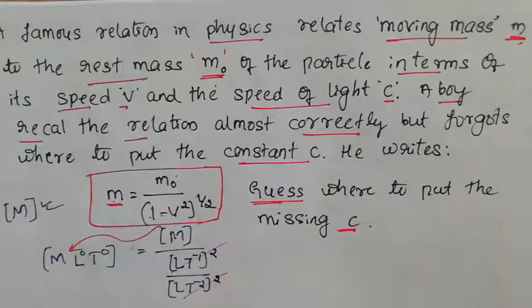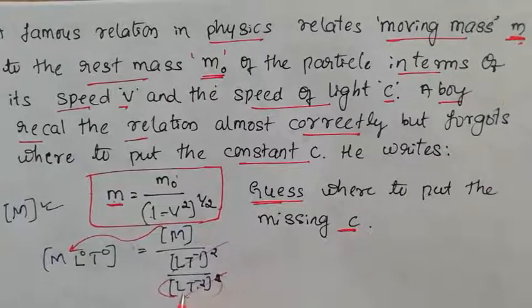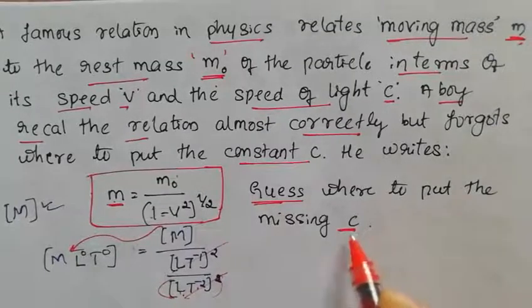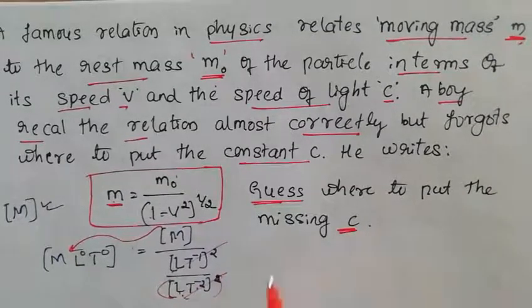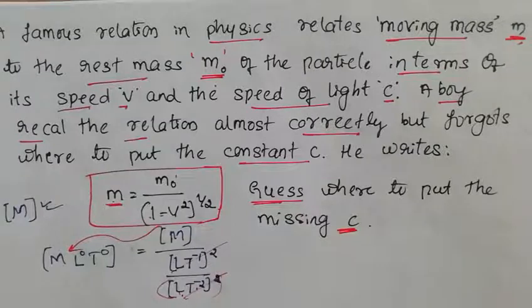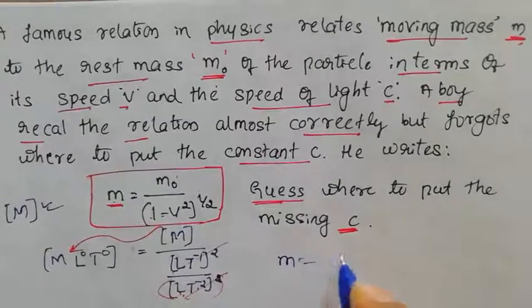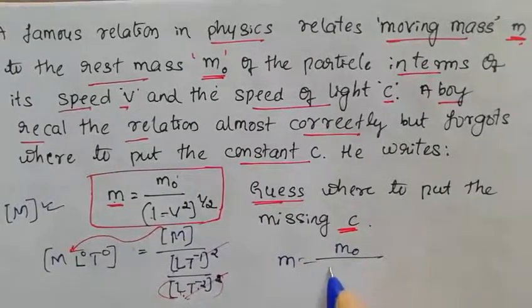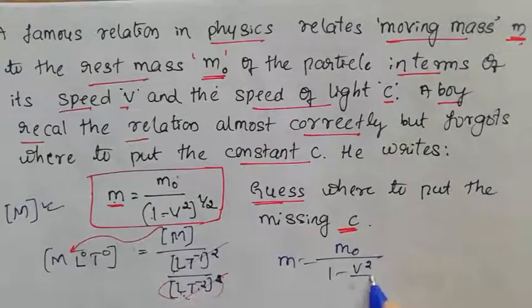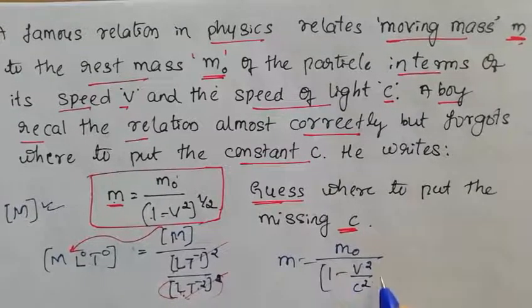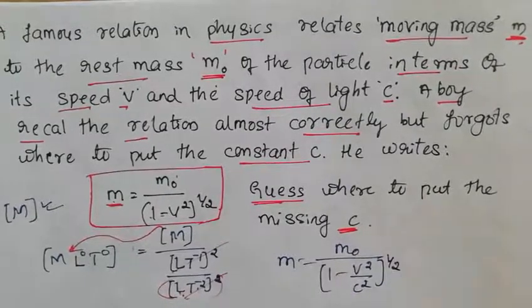So now what should I do? In the denominator I should put L T to the power of minus 1, which means speed. Speed is again c. So I can now write M equal to M naught by 1 minus v square by c square whole to the power of 1 by 2.